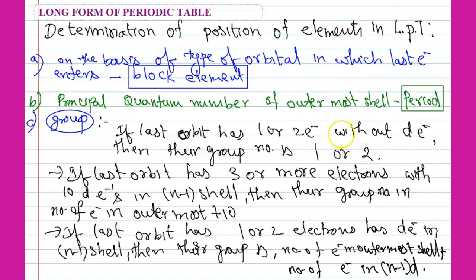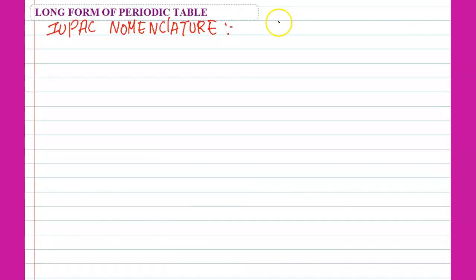If 1 or 2 electrons are in the d orbital, the group is the number of electrons in the outermost shell plus the number of electrons in n-1 d. If 3 or more electrons are present in the d shell, then the group number is the number of electrons in the outermost shell plus 10. So this is the formula, students. Based on this formula, we can find out the group for IUPAC nomenclature of unknown elements.